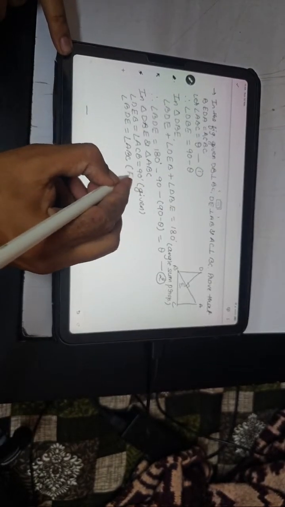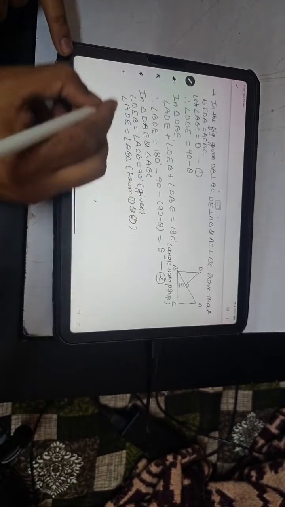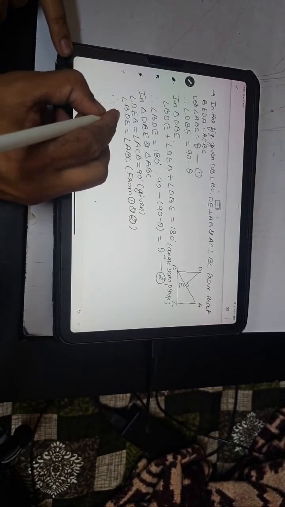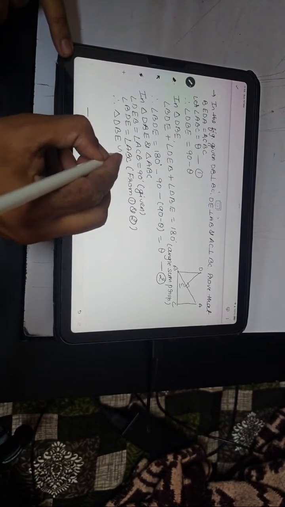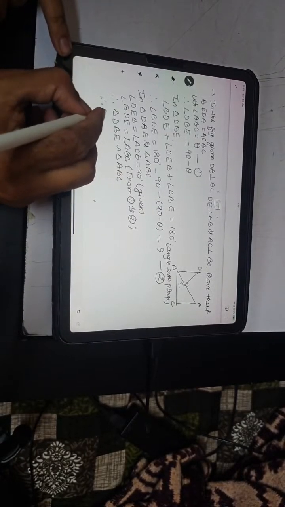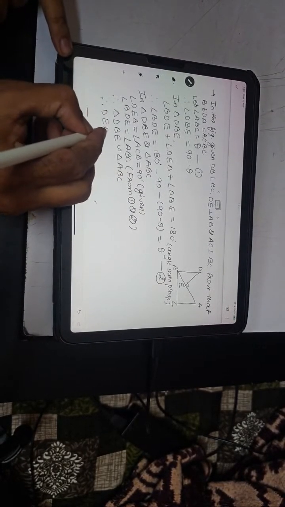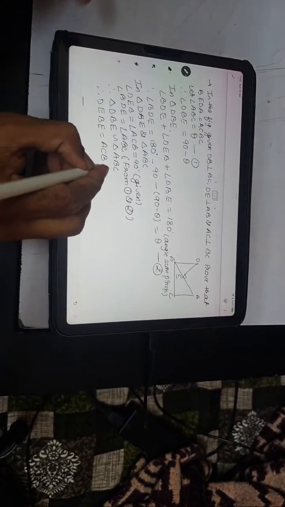This I am getting from 1 and 2. So therefore I can say triangle DBE is similar to triangle ABC. So therefore DE/BE equal to AC/BC.